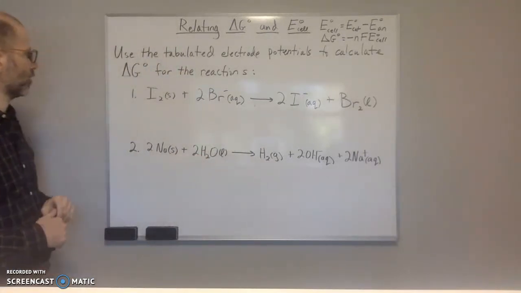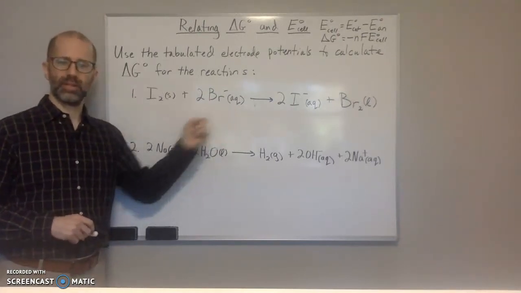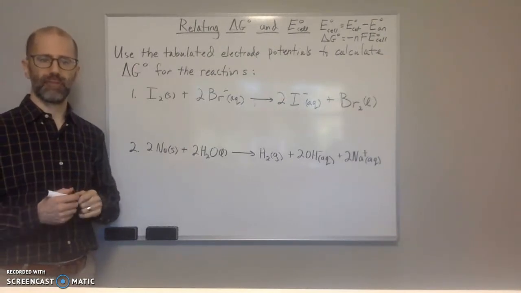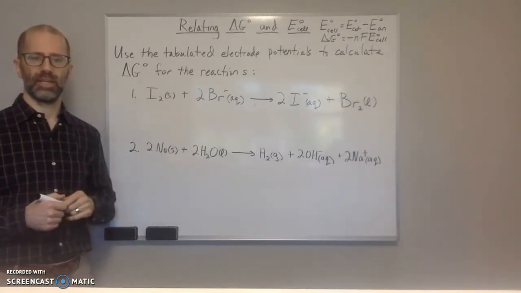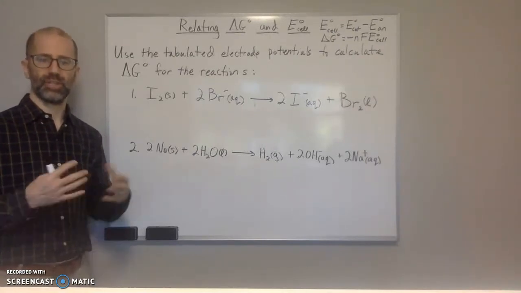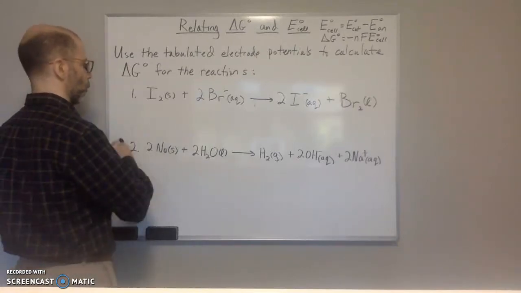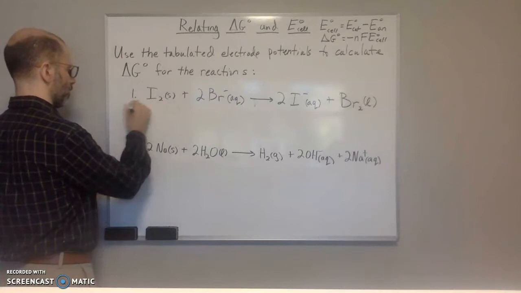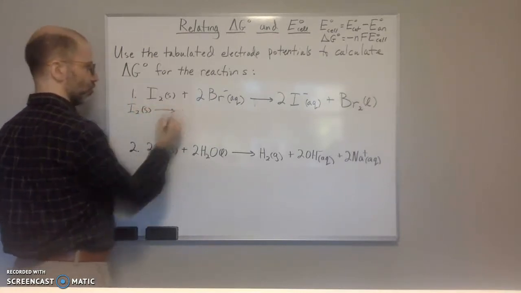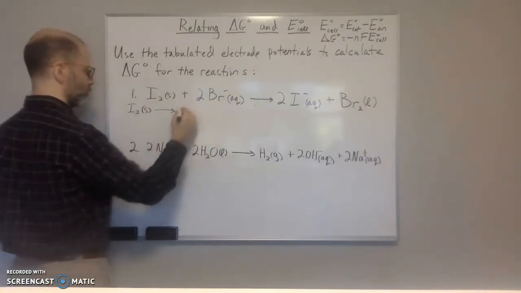So let's start with number one. The first thing you want to do is break this up into its two half reactions, the reduction and oxidation half reactions, and then you can look up the electrode potentials in a table. So the first one, we have I2 solid goes to 2I negative.